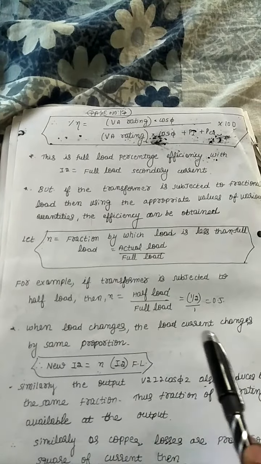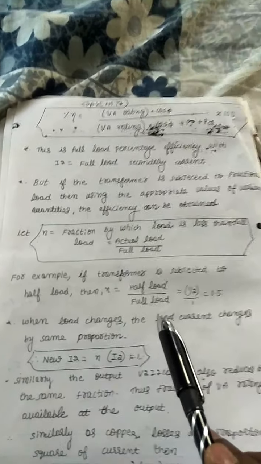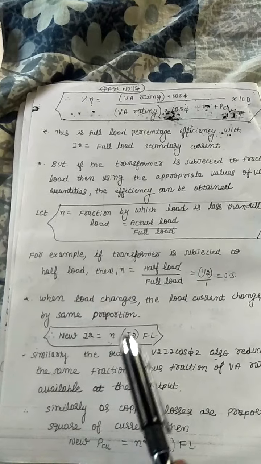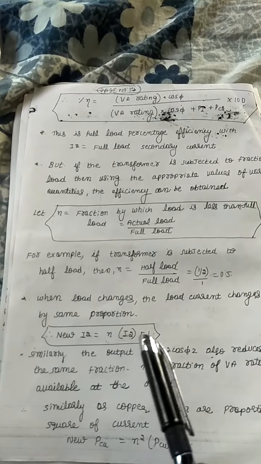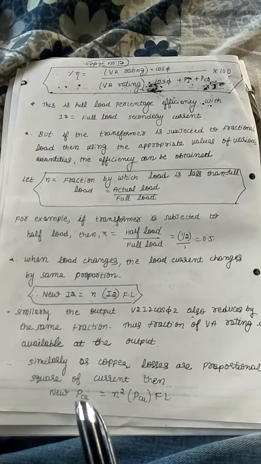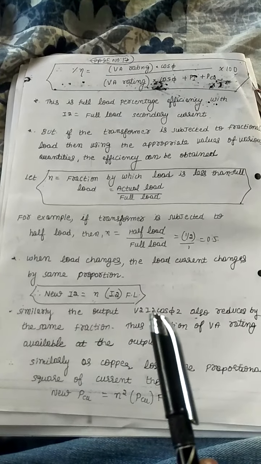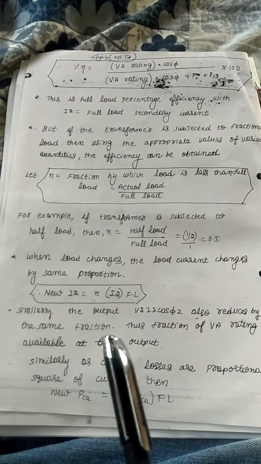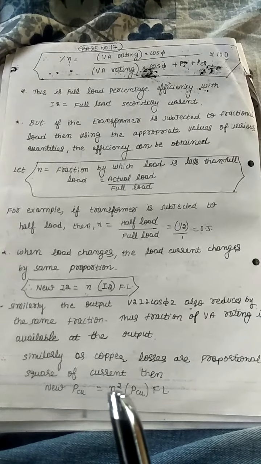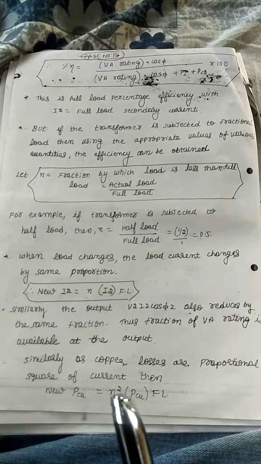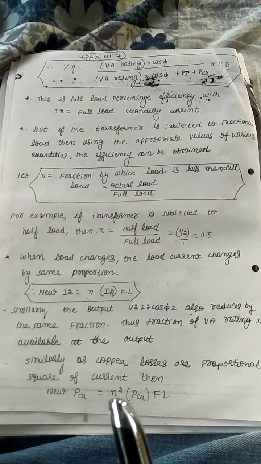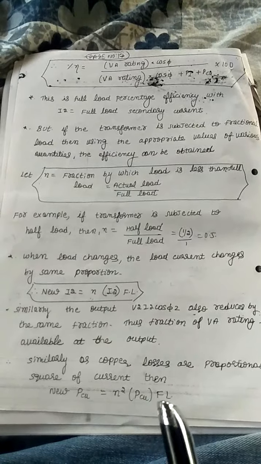When the load changes, the load current changes by the same proportion, so the new I2 will be the fraction of load into the full load current. Similarly the output VA cos phi also reduces by the same fraction. The copper loss is the square of the fractional load into the full load copper loss.